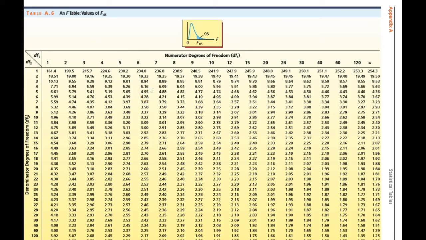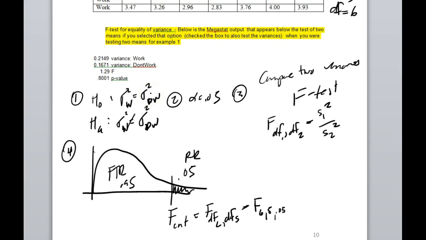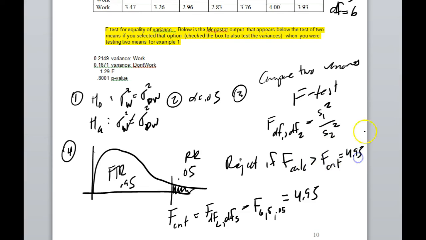I was looking at the wrong one. So 6 and 5. So 4.95 is our F value. So again, we reject if F calc is greater than F crit, which is equal to 4.95.